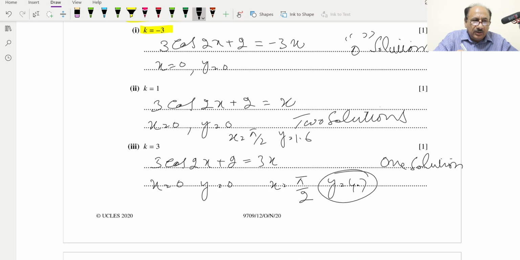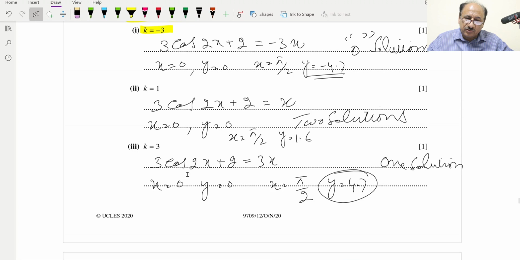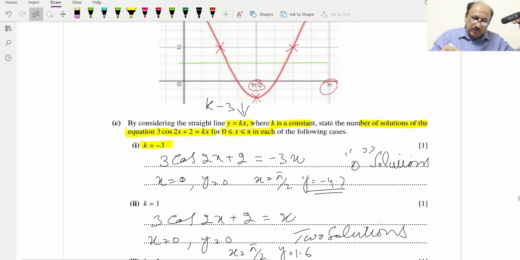and for x is equal to pi by 2, if you check, y will be equal to -4.7, and this will be a negative value. -4.7 will be down. Basically, for -4.7, the y value will not be intersecting this curve. We are checking for y values.